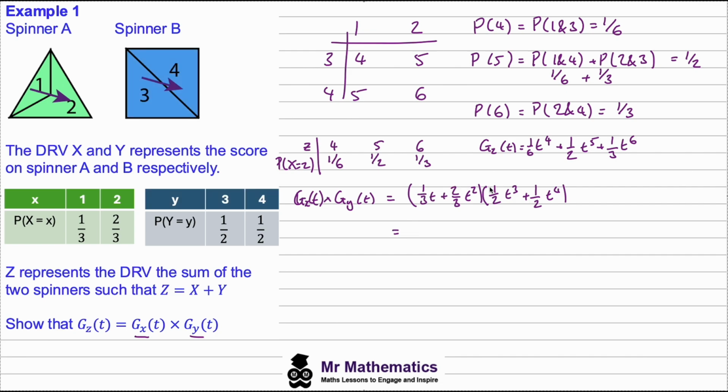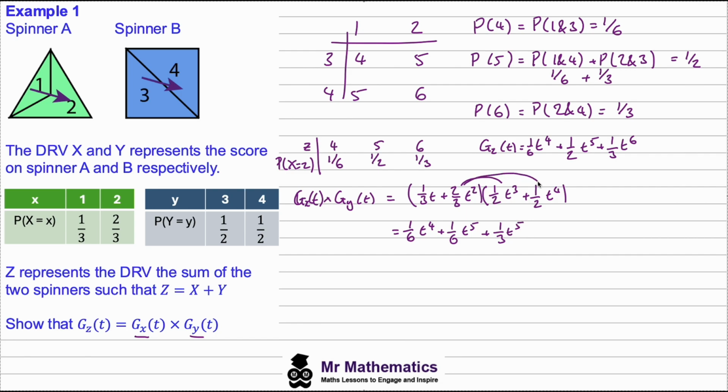We'll have a third t times a half t cubed, so 1/6 of t to the 4. Then we'll have a third t times a half t to the 4, 1/6 t to the 5. We'll multiply these out, and we get 1/3 of t to the 5.